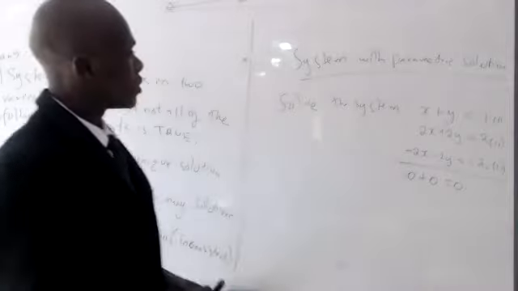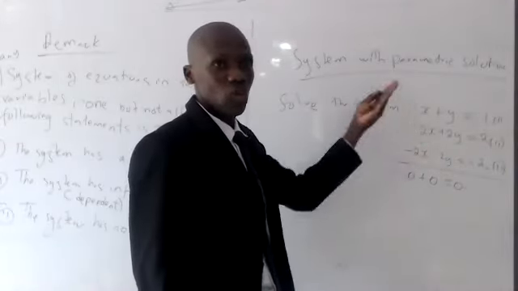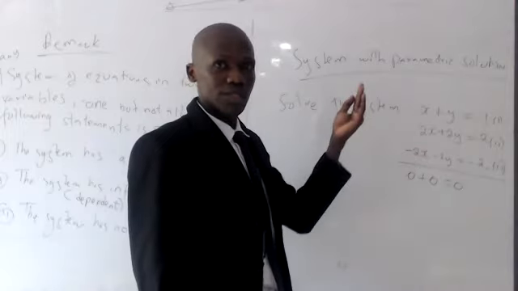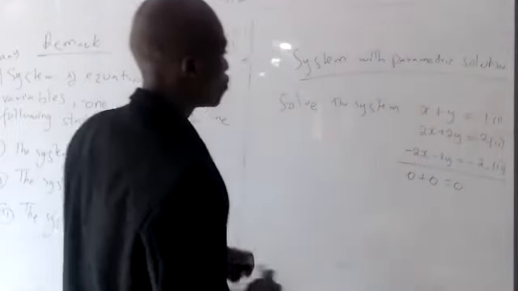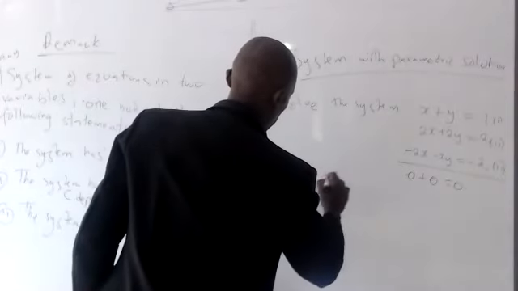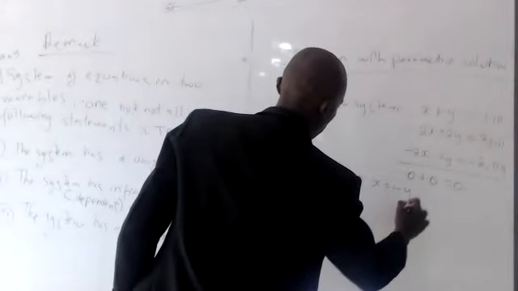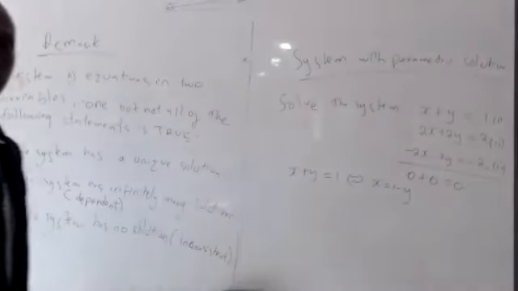So what you do is decide on any of the two equations and write one unknown in terms of the other. If I decide to use the first equation where x plus y is equal to 1, this means x is equal to 1 minus y.